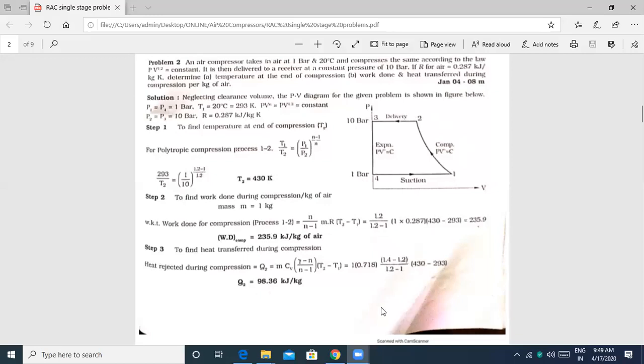And one more point they asked, to find out the heat transfer. We found the work done as 235.9 kilojoules per kg of air.